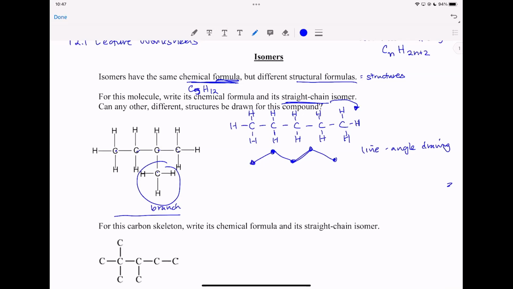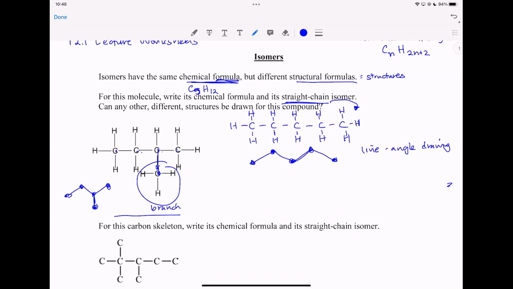The carbons are at the end of the line or at any branch, at the end of the line or any vertex. And this version of the line angle drawing is 1, 2, 3, 4 carbons. So let's draw this 1, 2, 3, 4 carbons. And then there's a branch also coming off of this carbon number 3 in the chain. So there's 1, 2, 3, 4, 5 total.